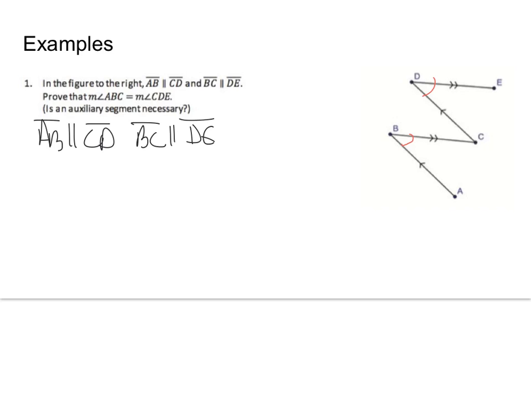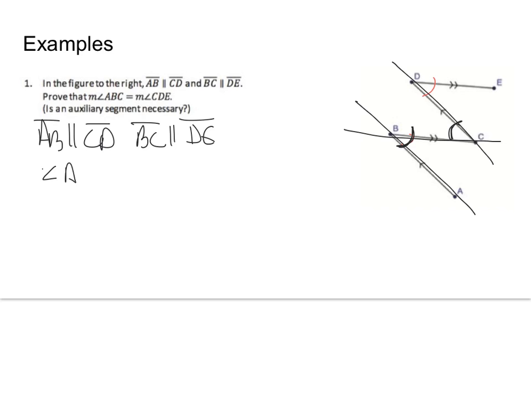So if these two lines are parallel, and this is my transversal, I can say that, I hope I can't. So first I'm going to look at these two lines are parallel. Here's my transversal. So this is congruent to that. So I'm going to write that down and then erase my drawing.